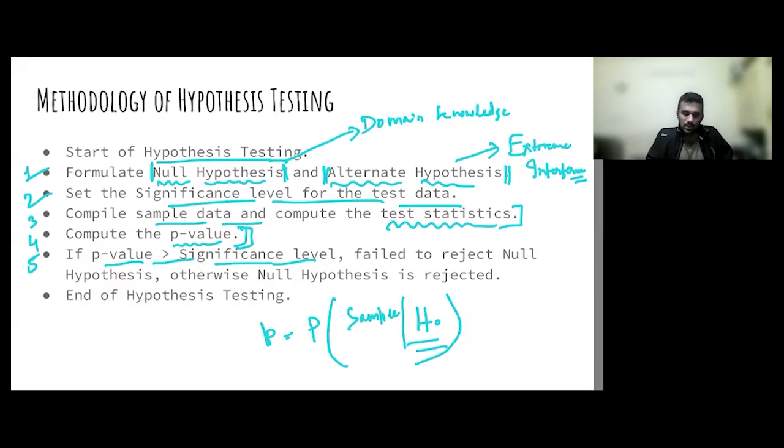We fail to reject it. That means the null hypothesis holds, and we cannot say anything about the alternate hypothesis. But if the null hypothesis is rejected, the next best hypothesis, the alternate hypothesis, comes up, and we can logically say that yes, the alternate hypothesis is holding now, the null hypothesis is not holding. So that is how hypothesis testing is done.